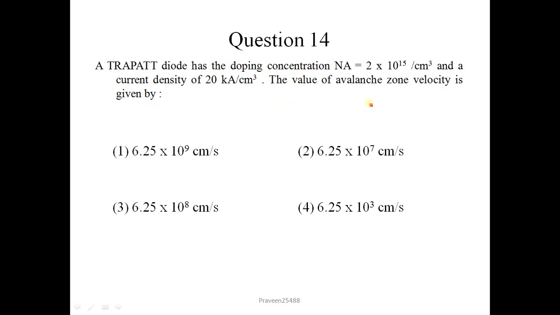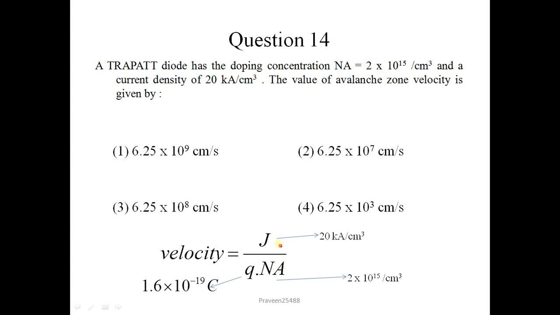To calculate the velocity, the formula is J upon Q into Na, where J is given in the question as 20 kiloampere per centimeter cube, Na is 2 into 10 to the power 15, and we know Q is 1.6 into 10 to the power minus 19 coulomb. On putting these values in the formula, we get the velocity as 6.25 into 10 to the power 7. So the correct option is 2.